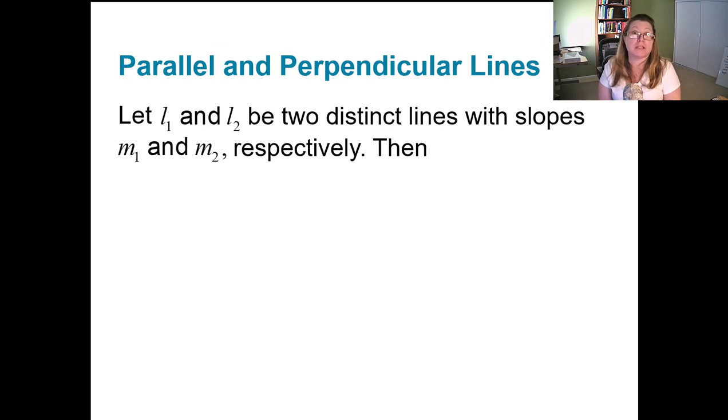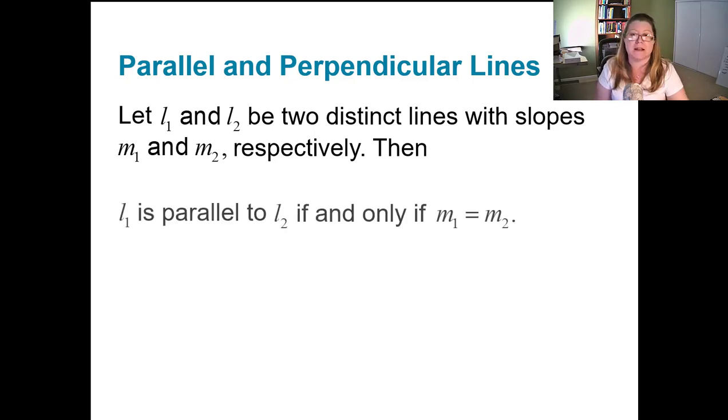Let's talk about parallel and perpendicular lines. Given two lines, we'll just call them L1 and L2. If they are distinct lines, meaning they're not sitting on top of one another, and they have their own slopes, then if they are parallel lines, their slopes will equal one another.